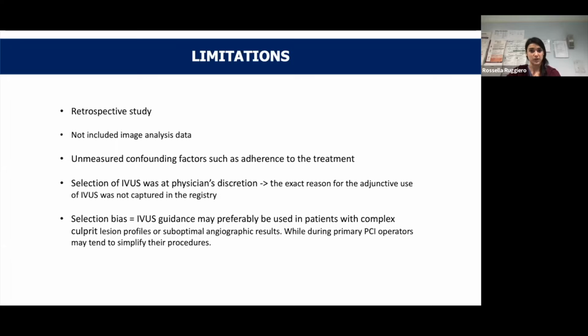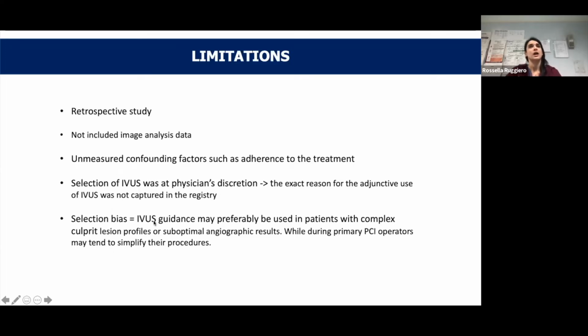As we know, usually in acute coronary syndrome, the interventionalist tries to reduce the time of the procedure. Therefore, this can probably lead to a selection bias.